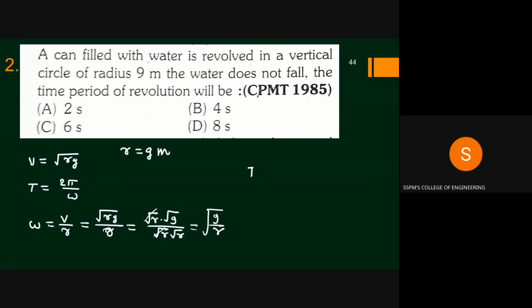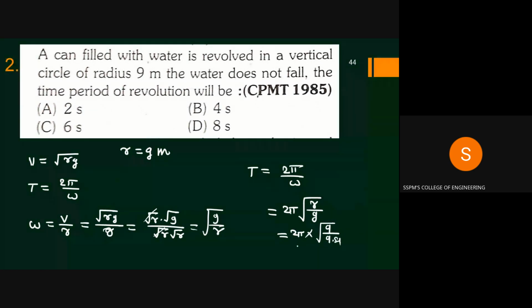We need to calculate the t value. So this is equal to 2 pi upon omega. The omega value is square root g upon r. So this will become square root r upon g. So this is 2 pi into the square root r, this value is 9 and g value is 9.81. Okay.